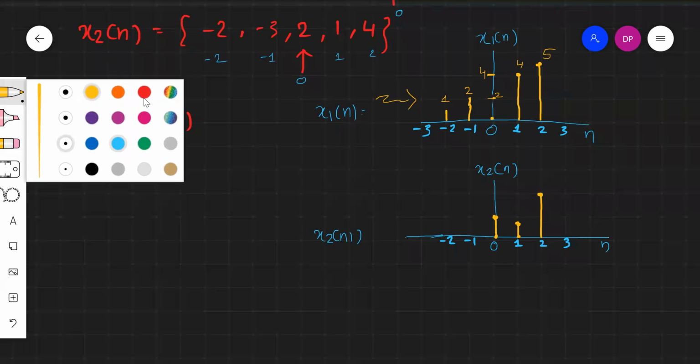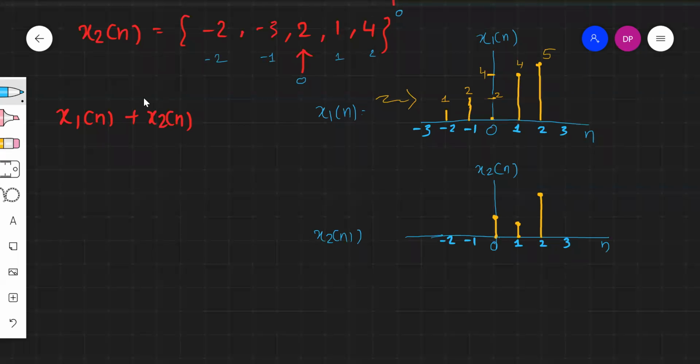So let's go for the negative axis here: this is -2, -4, -6, and this is 2, 4, and so on.